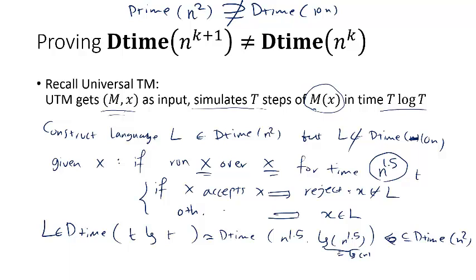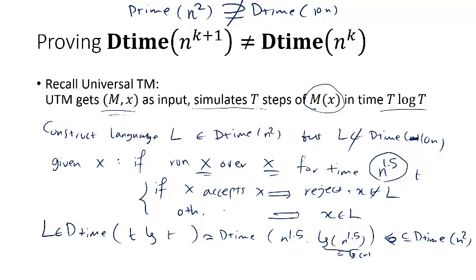What we did was that we defined a language similar to the halting problem, by running every input on itself and deciding the opposite way. But the number of steps that we chose, how many steps we run the program on itself, was small enough so that we could do everything in n squared.